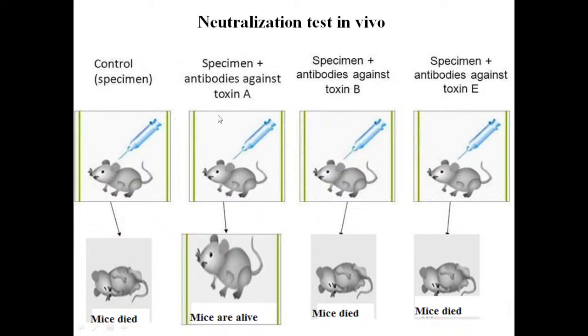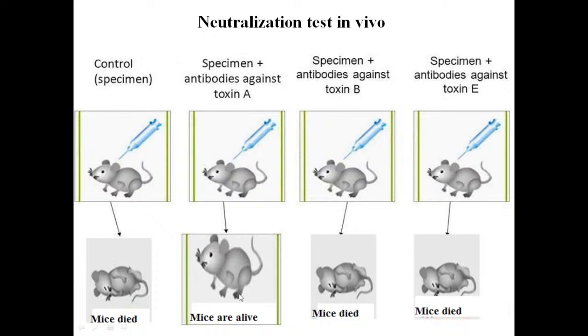So we inject the specimen in mixture with antibodies against toxin A. We inject it into mice, and mice are alive. It means that in its organism, toxin was neutralized by antitoxic serum. This toxin from bacteria was neutralized by antibodies.